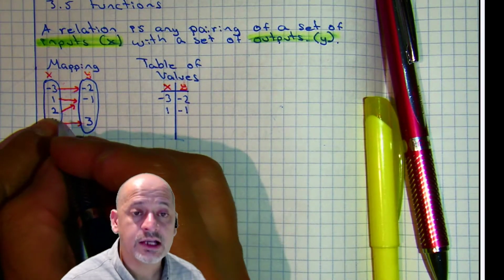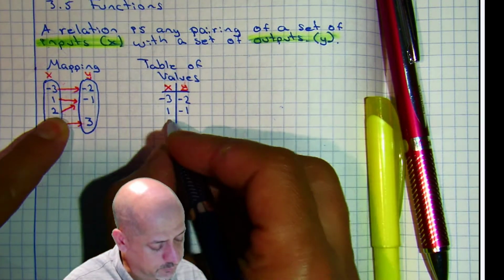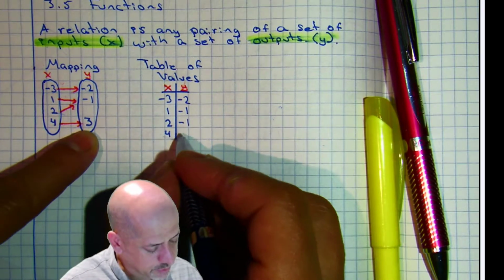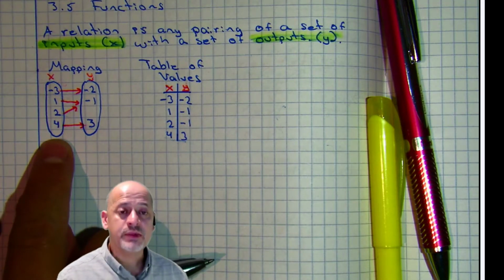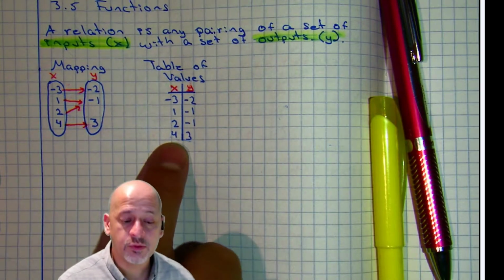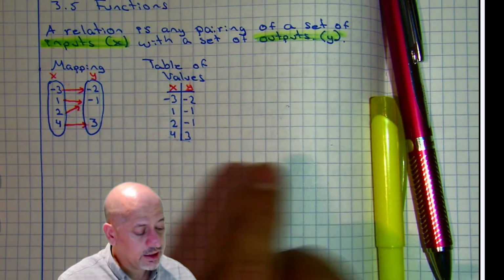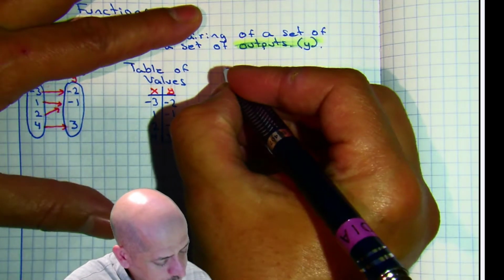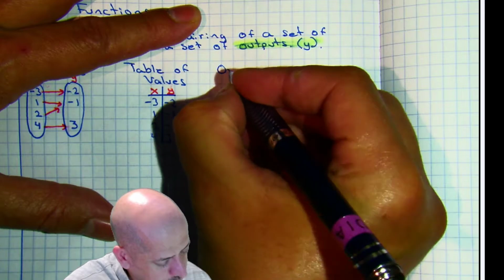The 2 is also paired up with the -1. So therefore, we get another point. And the 4 is being paired up with the 3. So therefore, this mapping can be translated as a table of values. And this table of values will represent points, and we call them ordered pairs.